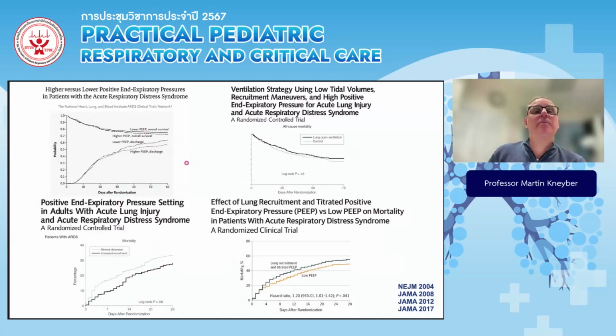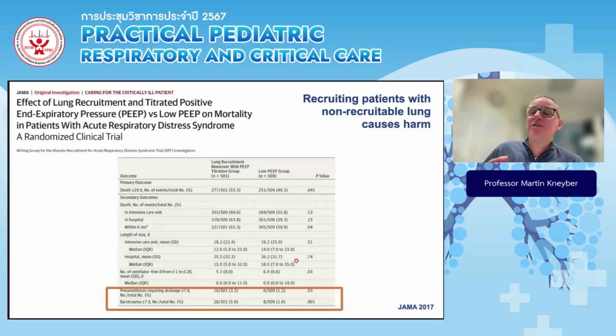In the ART trial, in the LOVS trial, in the EXPRESS trial, and even, for example, in the most recent trial, the ART trial, where higher PEEP was combined with lung recruitment, there was a higher mortality in those with lung recruitment and higher PEEP levels. And this is probably because they didn't assess the potential for lung recruitability prior to randomization.